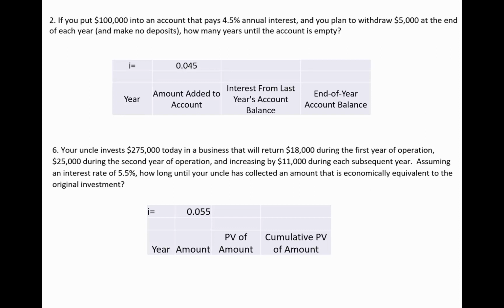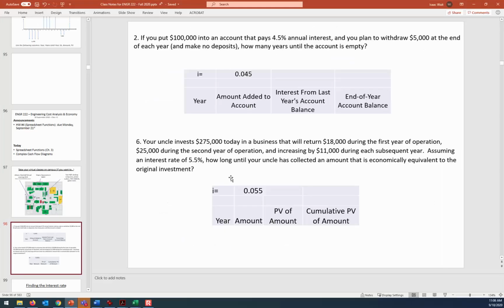So on problem 2, the thing that you do is set up a spreadsheet with the following columns that are shown here: year, the amount that's added, the interest from last year's account balance, and end of year account balance. So let me show that to you, and open up Excel here.